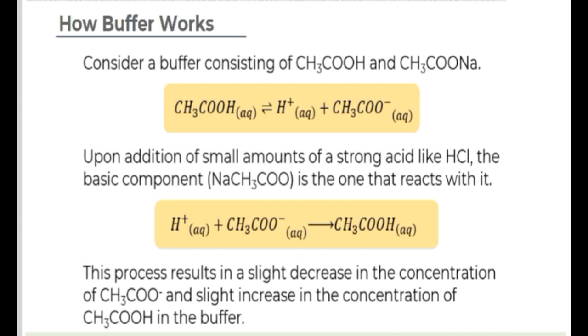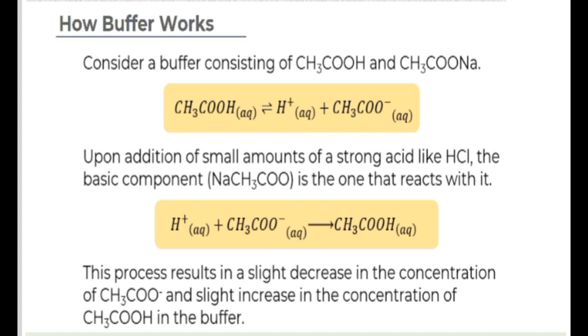Consider a buffer consisting of acetic acid and sodium acetate. The governing equation is the ionization of acetic acid in water, which is a reaction of equilibrium. Upon addition of small amounts of a strong acid like hydrochloric acid, the basic component, sodium acetate, is the one that reacts with it.